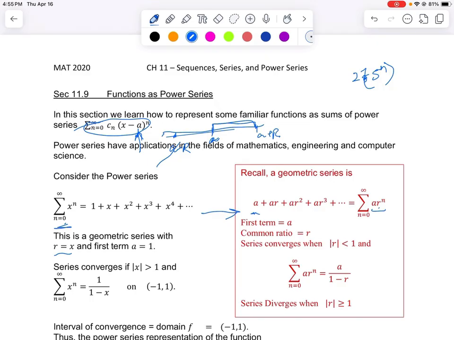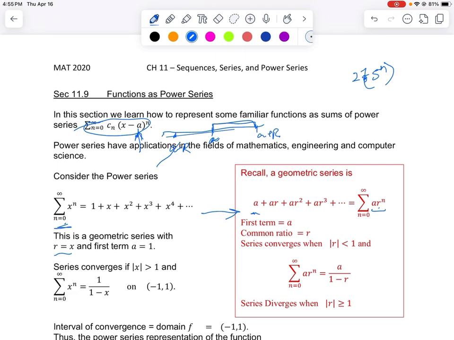Okay, so now we know about the convergence and divergence of the geometric series. When we have the geometric series with first term a and common ratio r, when does it converge? When the absolute value of r is less than 1.